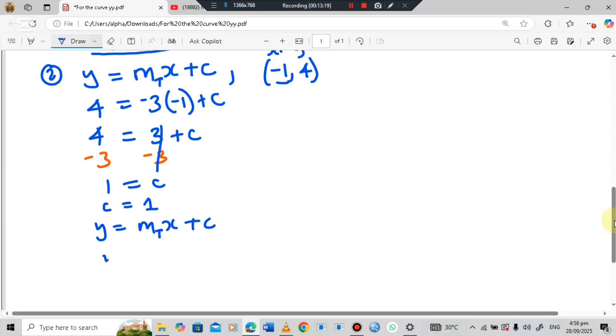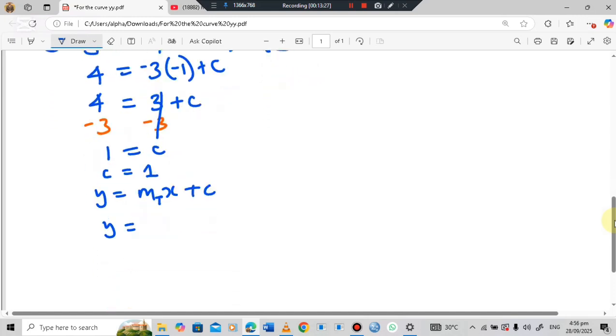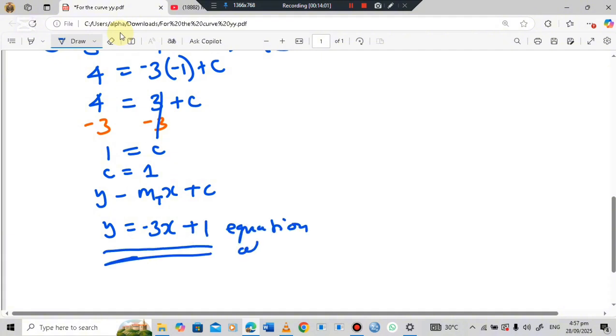So we are going to have y is equal to the gradient. We found that the gradient is -3, so we are going to say -3 x, then the value of c is 1, so we're going to say plus 1. So this is the equation of the tangent.